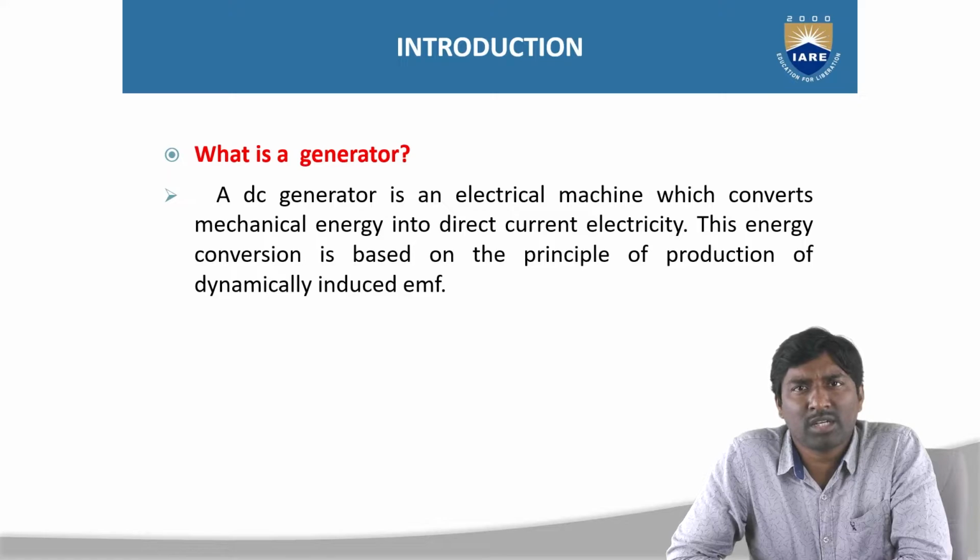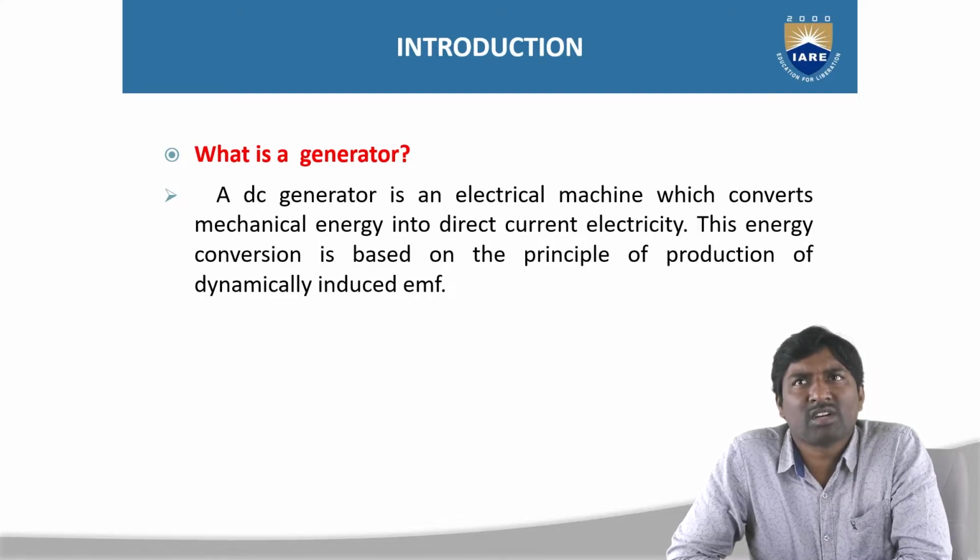The principle and the function of a generator are different. What I told now is the function: the function of a generator is to convert mechanical energy into electrical energy, that means direct current electricity.